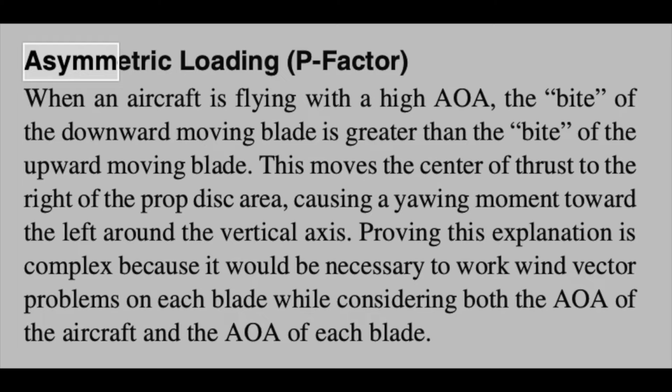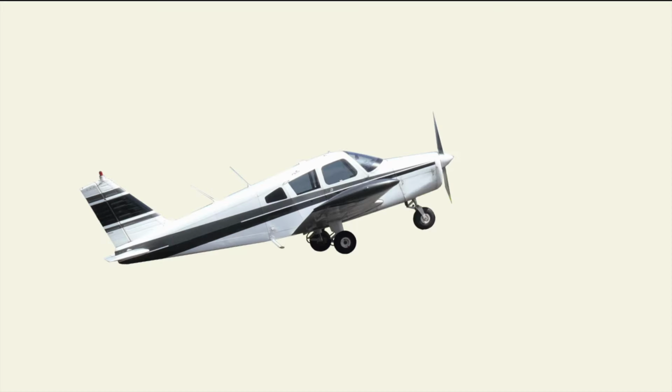It does discuss angle of attack in terms of when this force will be most pronounced, as well as when providing a clear and complex explanation of this, you would have to take into account both the AOA of the aircraft as well as the AOA of each blade and the wind vectors, which is something that we just touched on. It does not say that the angle of attack on the descending blade is greater than the ascending blade.